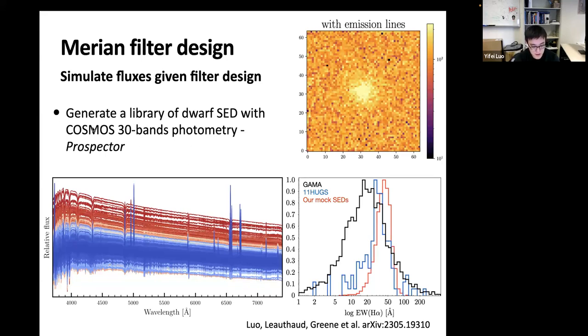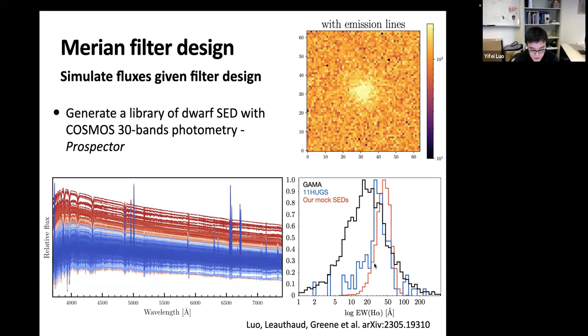So we use this COSMOS 30-band survey to build a complete SED library for those dwarf galaxies with an SED fitting code. Here I'm using Prospector. I also generate emission lines from the SED fitting.